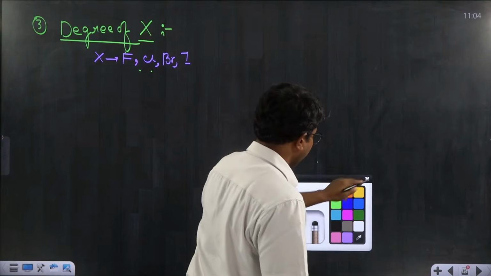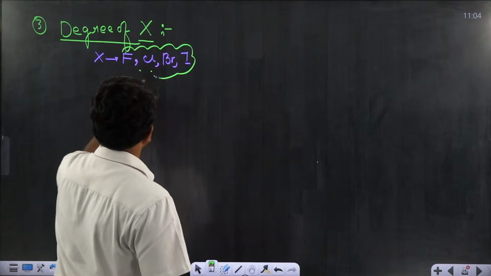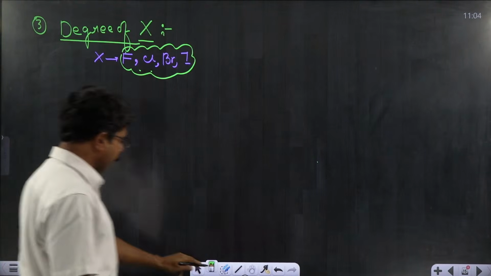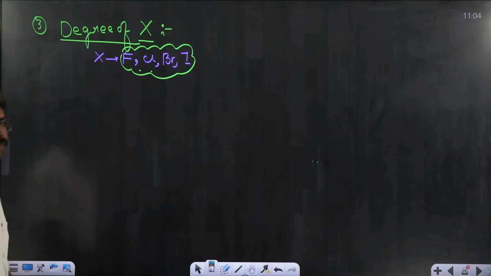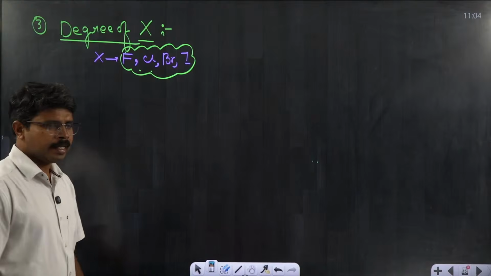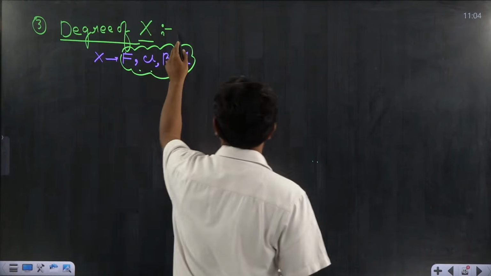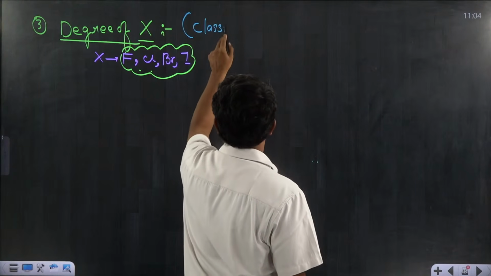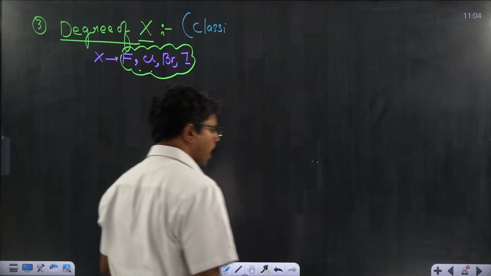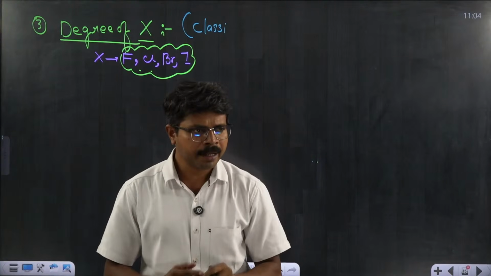Collectively, the halogen atoms are represented with X, where X stands for halogen atom. If I am talking about degree of halogen, it is explaining the classification of alkyl halides. It is a most important topic under the haloalkanes and haloarenes chapter from 12th standard.